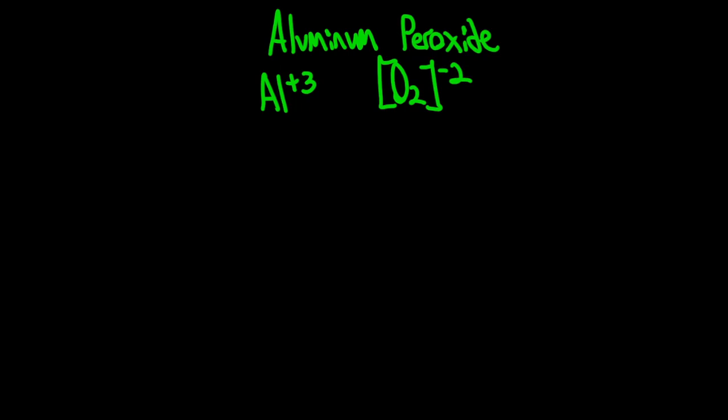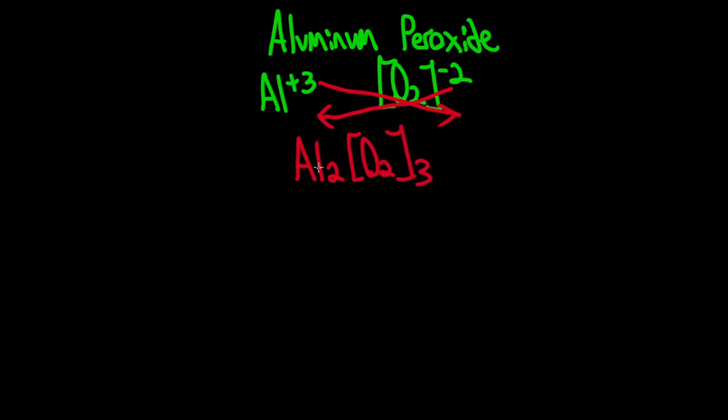So I'm going to crisscross, and I end up with Al2 (O2)3, and I can replace those brackets with parentheses, which is how you're more likely going to see it. All right, and that's the form that I'm most likely to see it as.